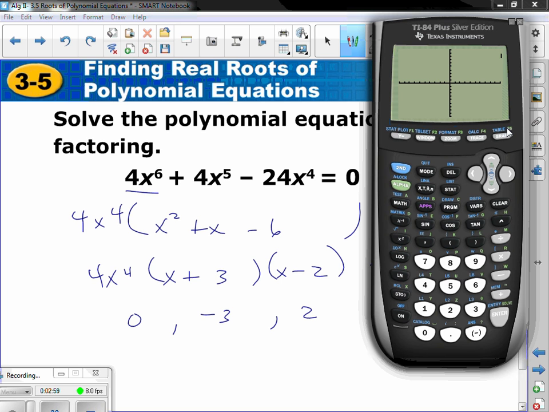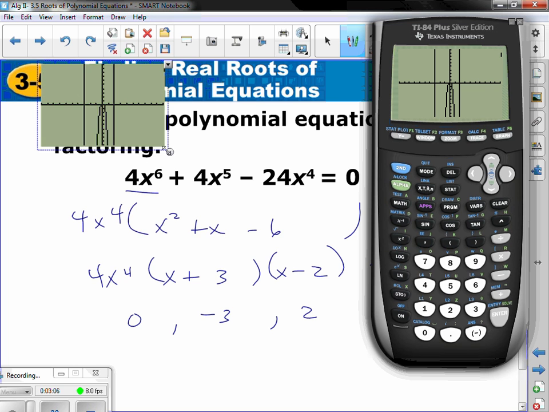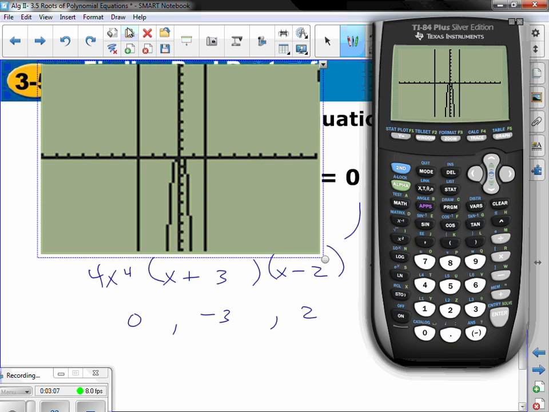Let's see what happens. If I look at the graph, it comes down, hits here, goes down, comes back up, hits here, goes back down, goes back up. So I have zeros at negative 3, 0, and 2.